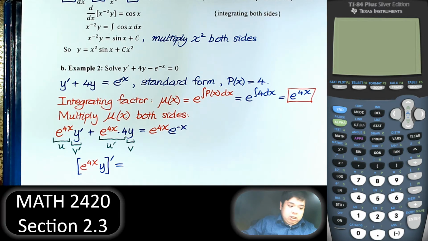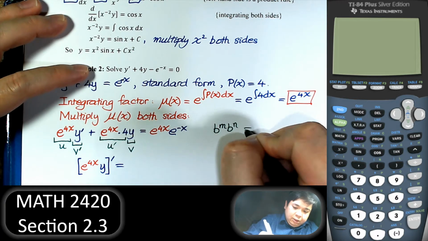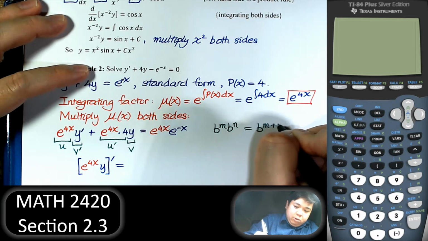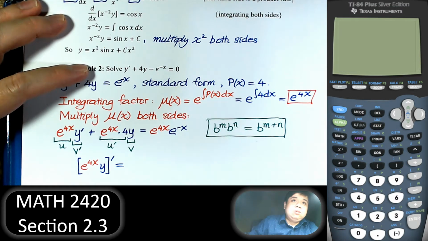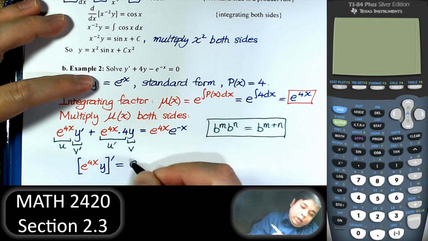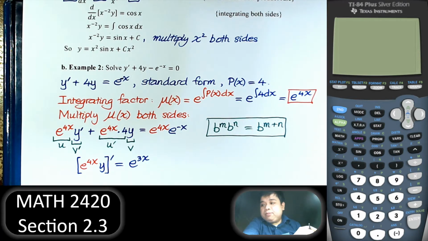That is the properties. So we can add the exponent. So that gives us e to the 3x. Right.